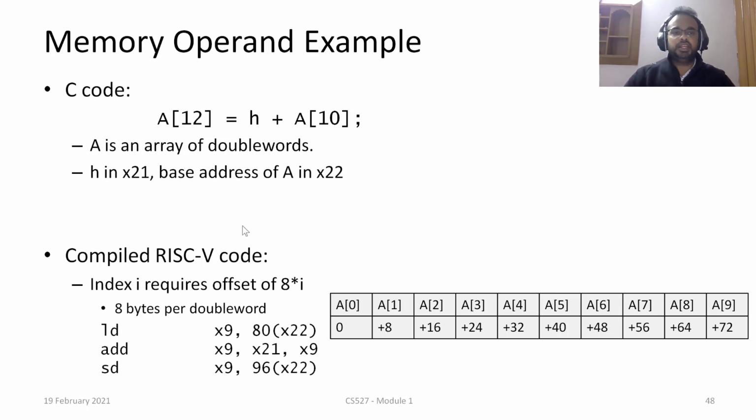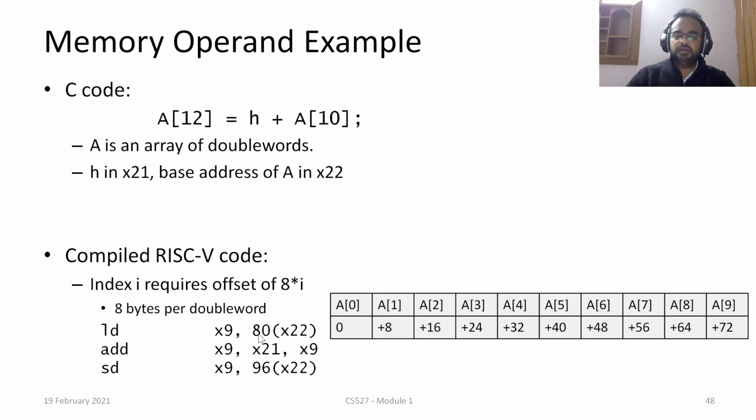So with this understanding, if you want to write the RISC-V code for this single line of C code, it would look something like this. First, we use a load instruction. LD is the mnemonic for that, and the way we would read it is LD x9, 80(x22). Now what does this do? The base address of array A, which is available in x22, is added with an offset of 80.